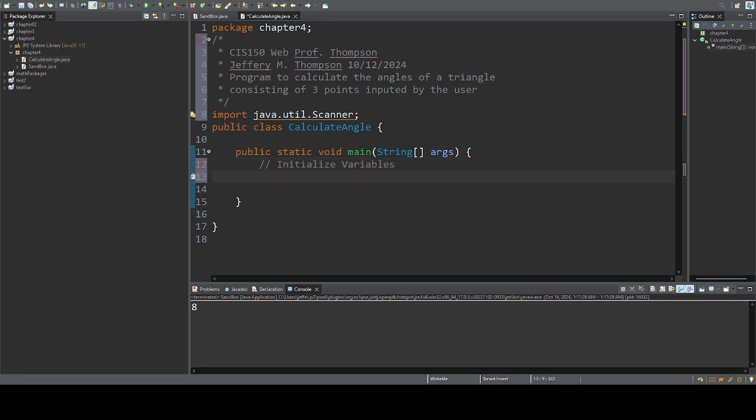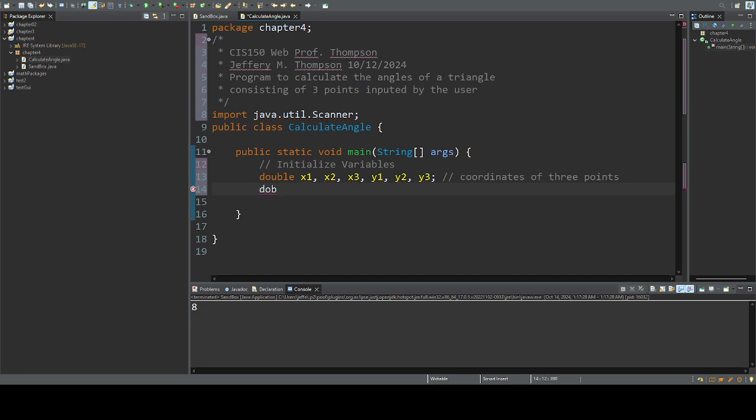So let's see, we will need doubles for x1, x2, x3, y1, y2, and y3, which are coordinates of 3 points.